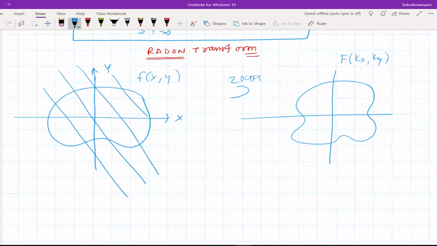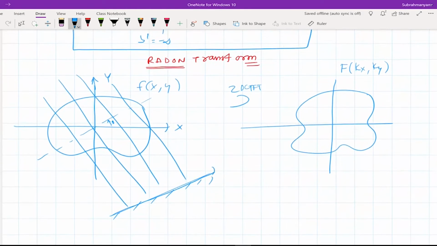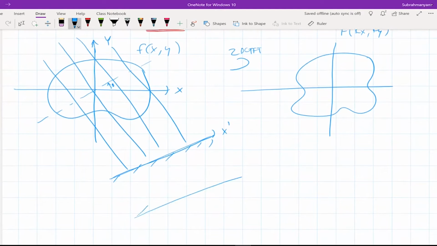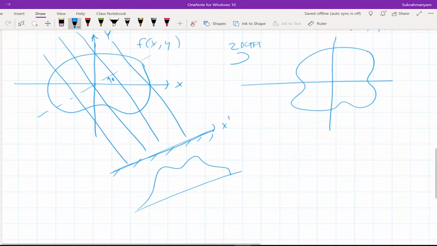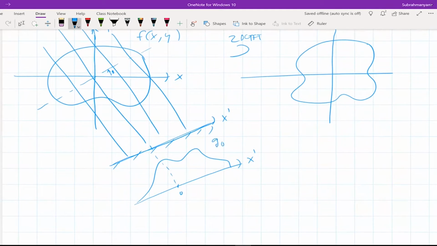You are taking that on this detector. This projection is at an angle theta. This we are calling x dash here, and you are getting some profile for varying values of x dash. By the way, 0 would match. That's an important thing. So we are calling it g theta of x dash.